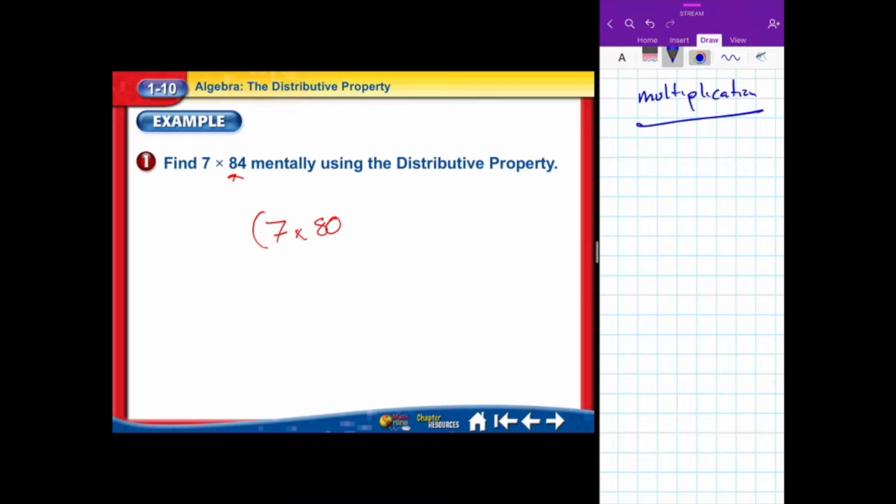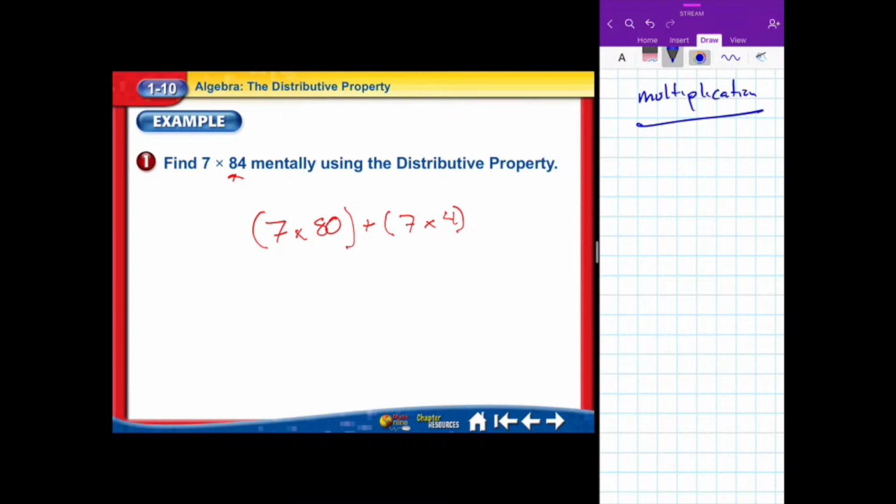Then I'm going to put parentheses around that, and then I'm going to add this to 7 times 4. If I look, I see 80 and 4, and if I add those two together, I get 84. So that's what I'm looking for, 80 and 4.